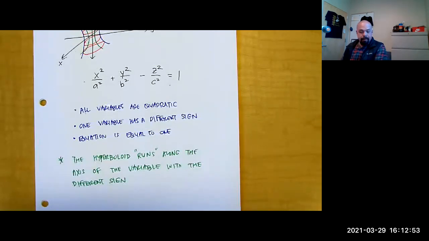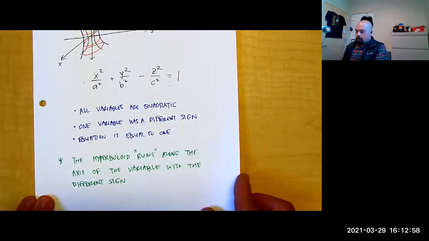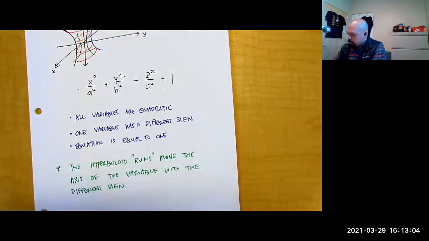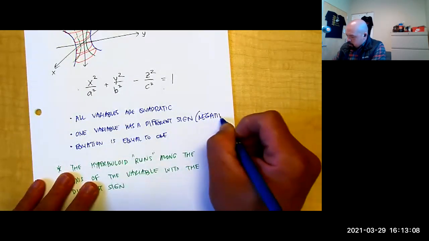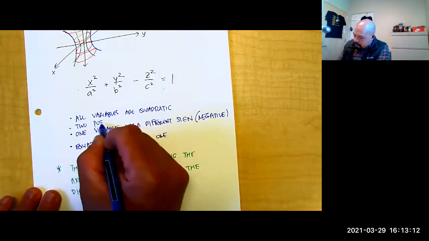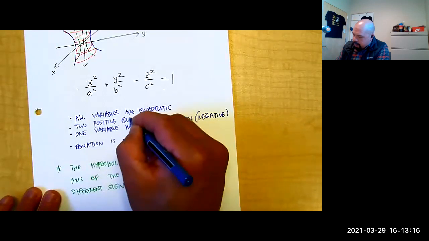All right. So I should say here, not a different sign, but negative. Okay, and I'll say here 2 positive quadratic variables.